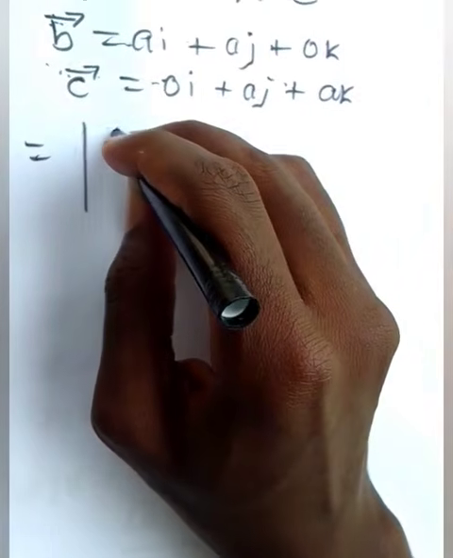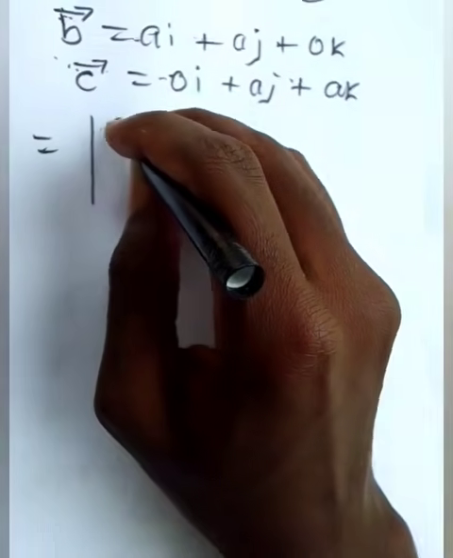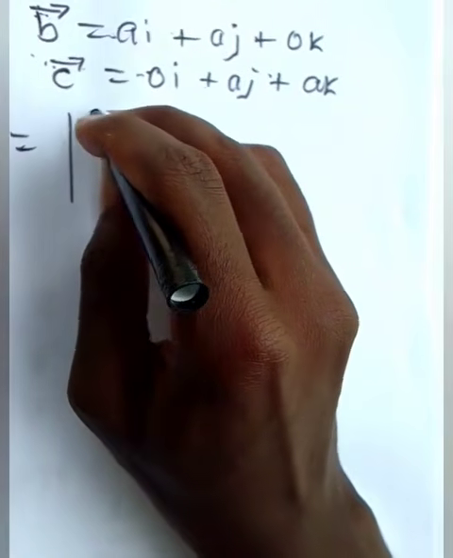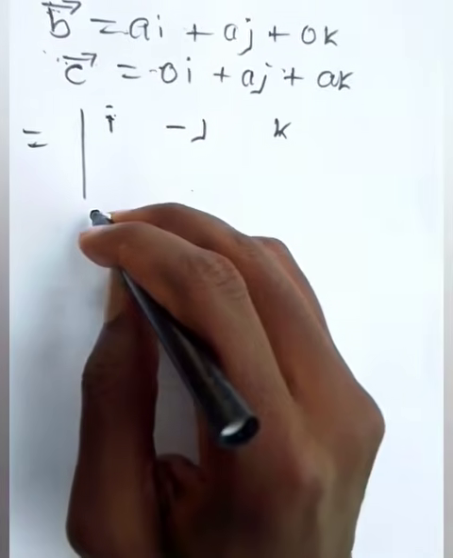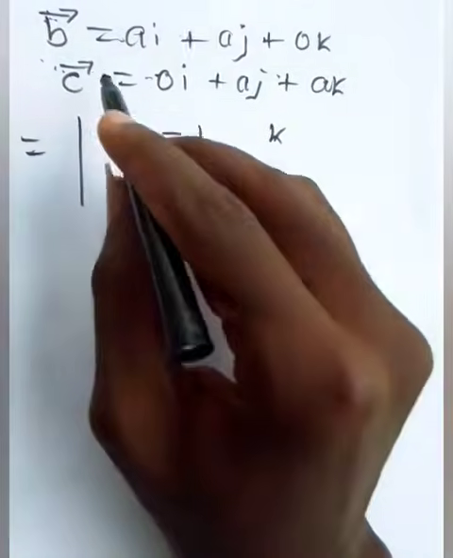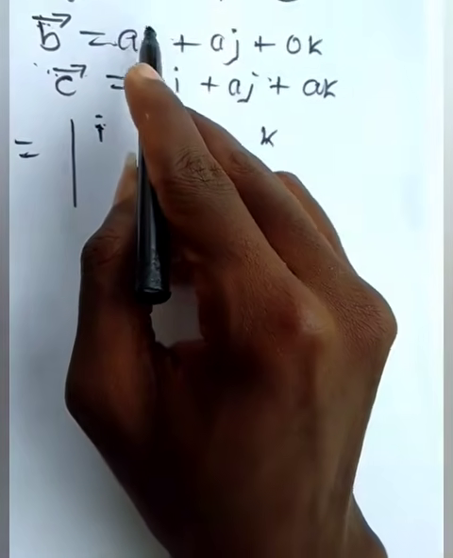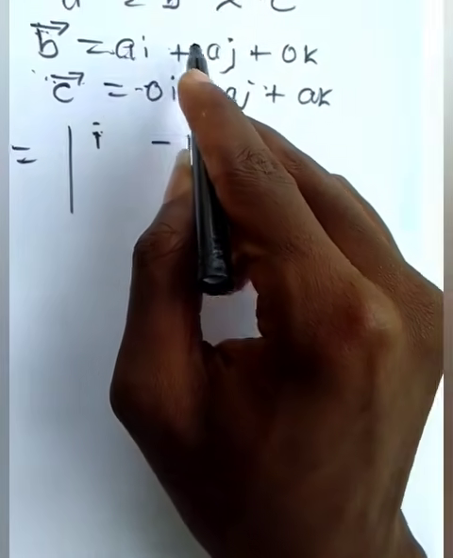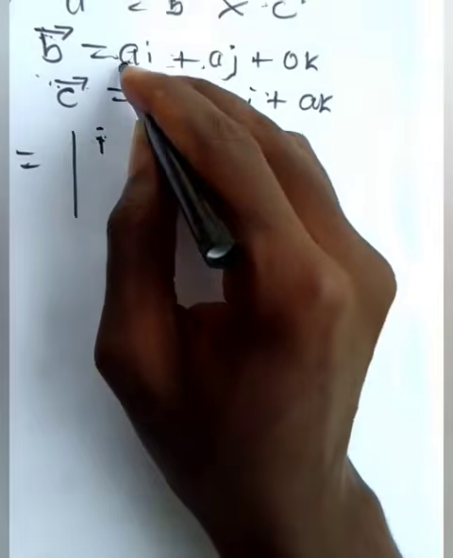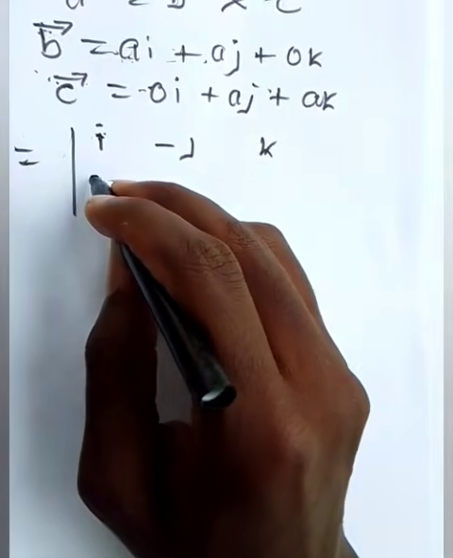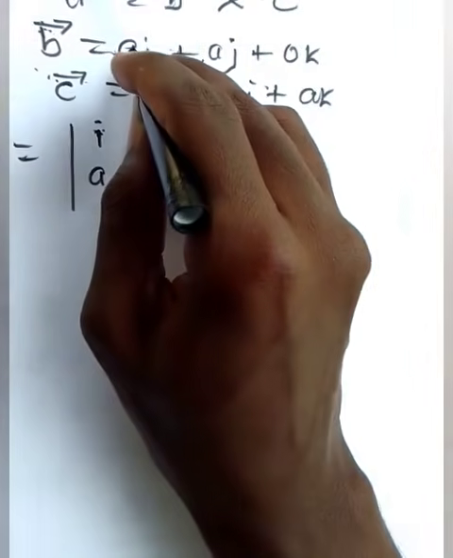So in the first column we are going to write the notations i, negative j, and k. In the second column we are going to put the coefficients of the vector b.